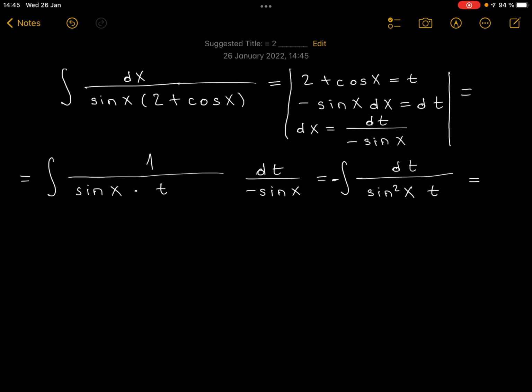Now, what can I write sine squared x as in terms of t?